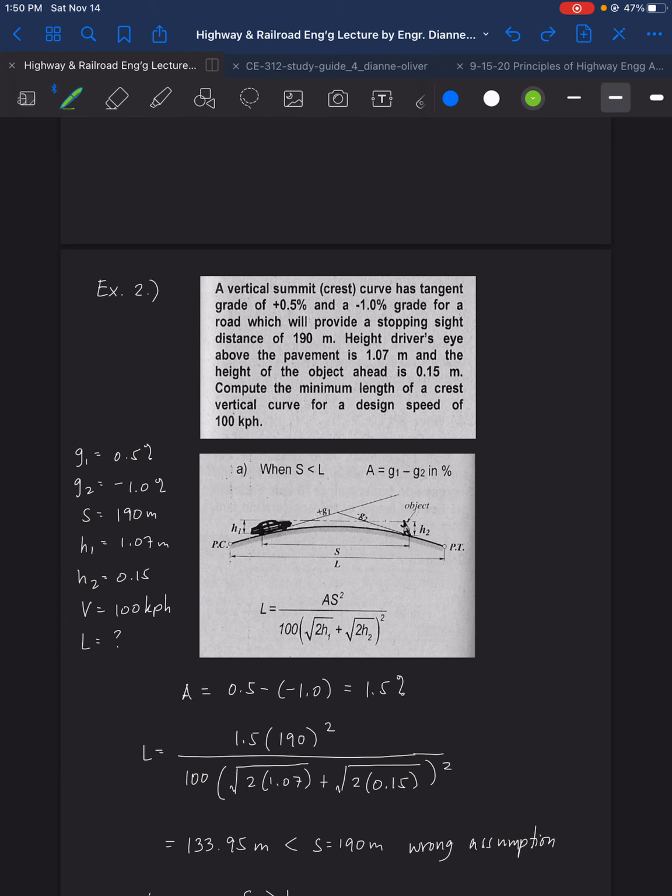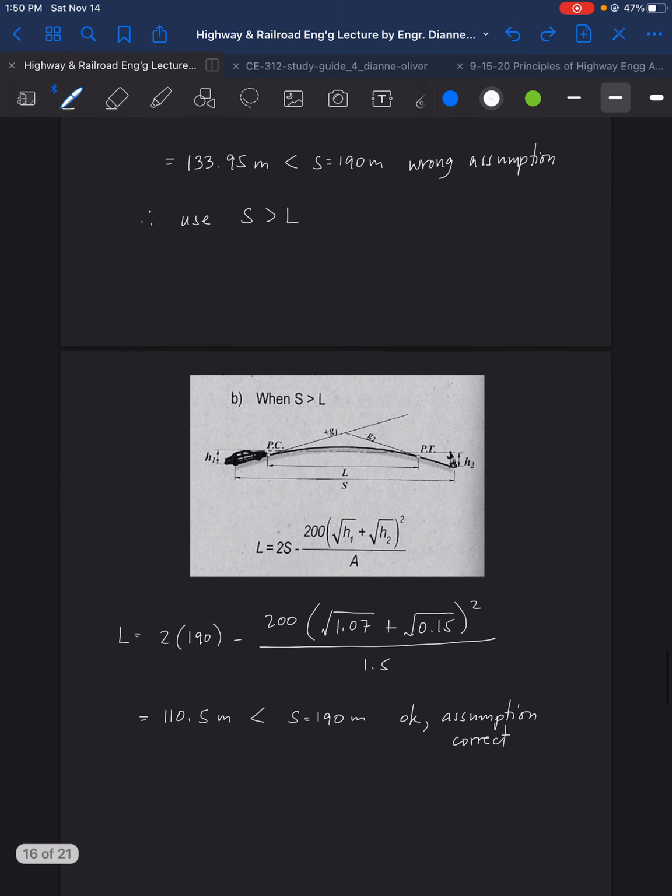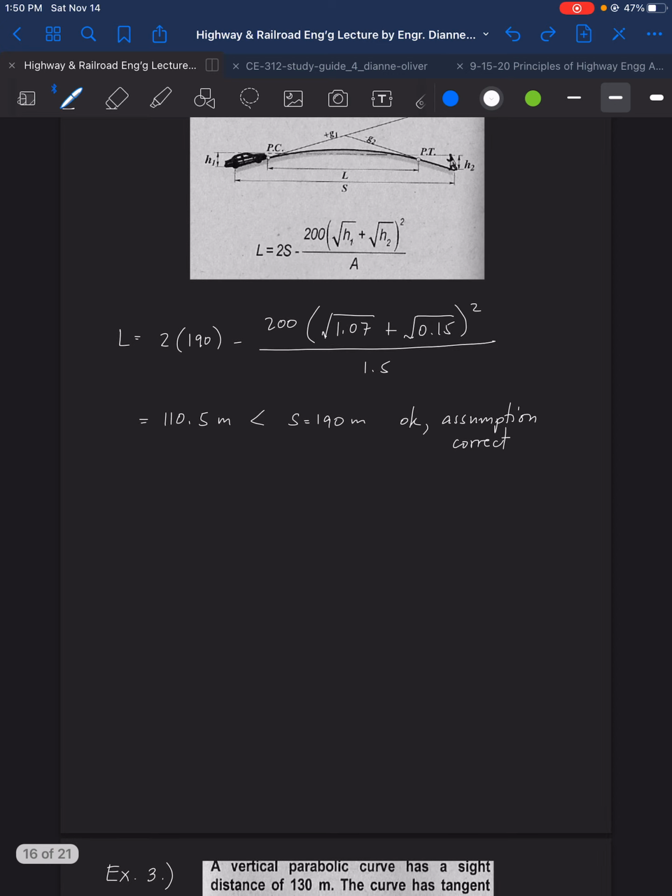Therefore, you can say here, but V is equal to 100 kph, greater than the standard 60 kph, and since A is less than 2%, use L is equal to 60 meters.